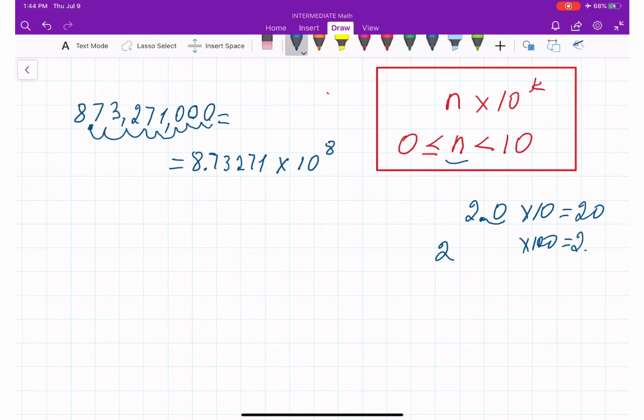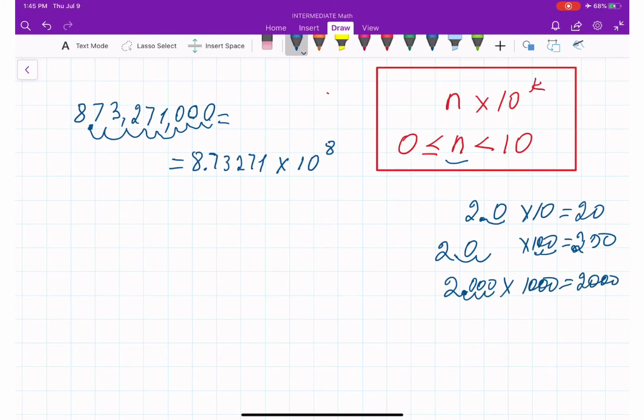From this point I have to go 2 digits, 1 and 2. So it's going to be 200. If I have 2 and I want to multiply by 1,000, so 2 point, then 1, 2, 3, and I will get 2,000.